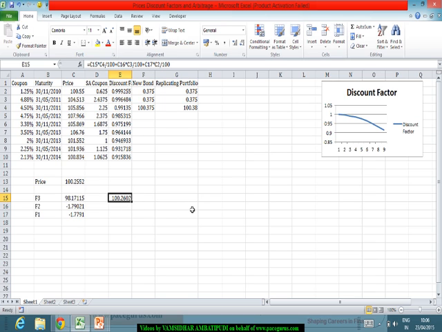So overall the price of this combination is 100.26, whereas the price of this is slightly lesser. The price of this is 100.25, which means this is where there is a possibility of an arbitrage opportunity that could be generated. Currently this is the price that is available for this much of face value.